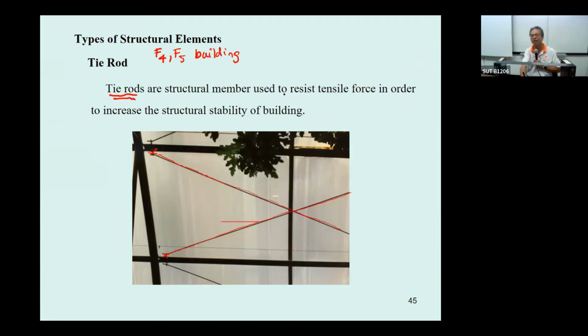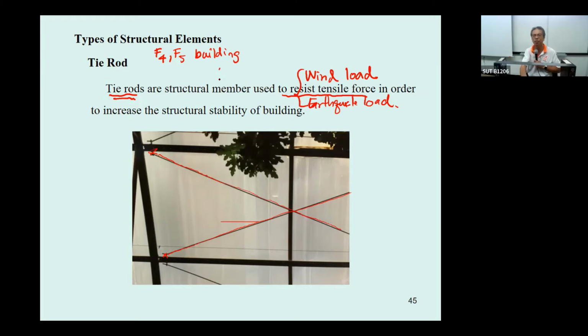The tie rod is used to resist the tensile force due to what? Usually due to the lateral load from the wind or the earthquake load, from the shaking of the ground.